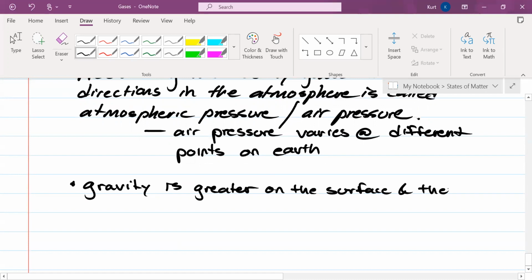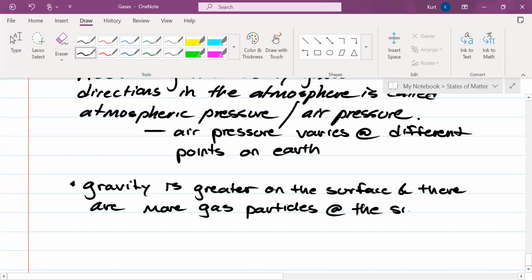And there are more gas particles there than there are at higher altitudes where the gravity is weaker.